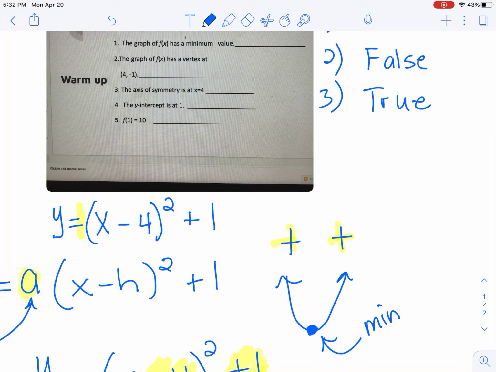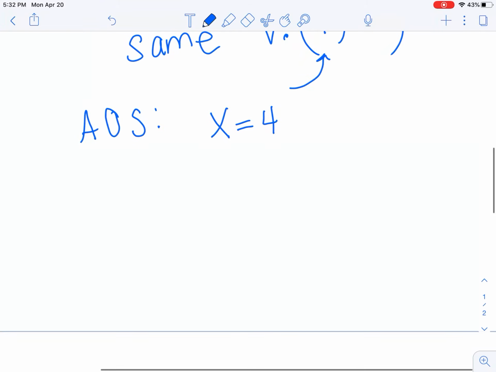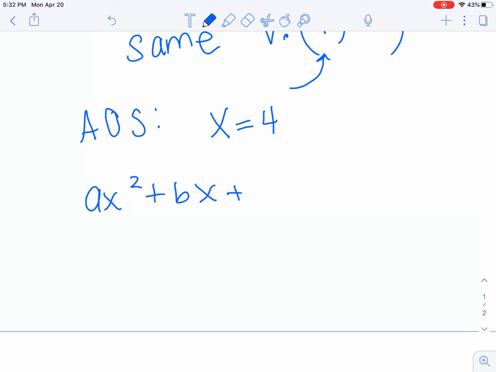All right, so the y-intercept is at 1. Now, if you recall, in standard form, the constant is what gives you the y-intercept. I think it was practice number 6. So in standard form, ax squared plus bx plus c, the c is the y-intercept.